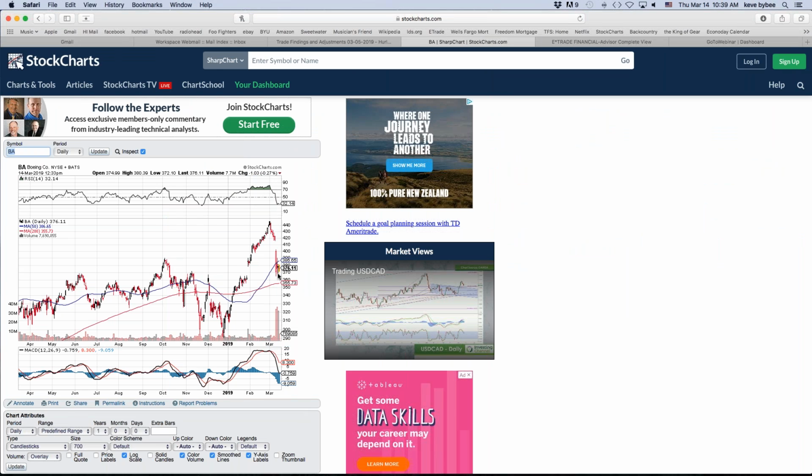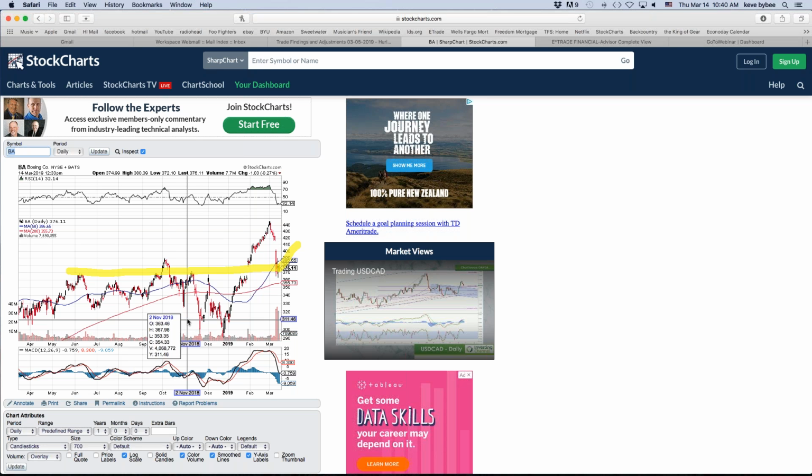But what we're really looking for is to see if we get a big jump as it goes back up, hitting the support level.